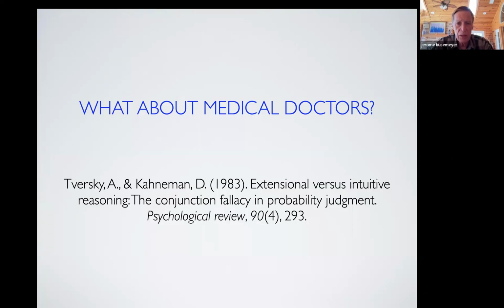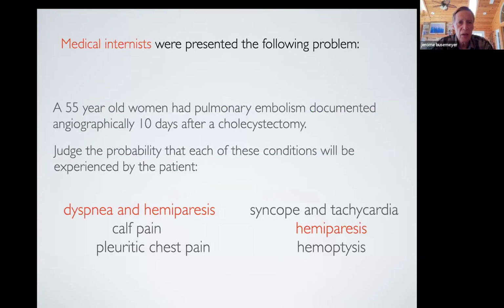They told these medical internists that a 55-year-old woman had a pulmonary embolism documented angiographically 10 days after a cholecystectomy, and they were asked to judge the probability that each of the conditions below would be experienced by the patient. So, one of the conditions they had to judge: what's the likelihood that they have dyspnea and hemiparesis? What's the likelihood that they have calf pain? What's the likelihood they have pleuritic chest pain?